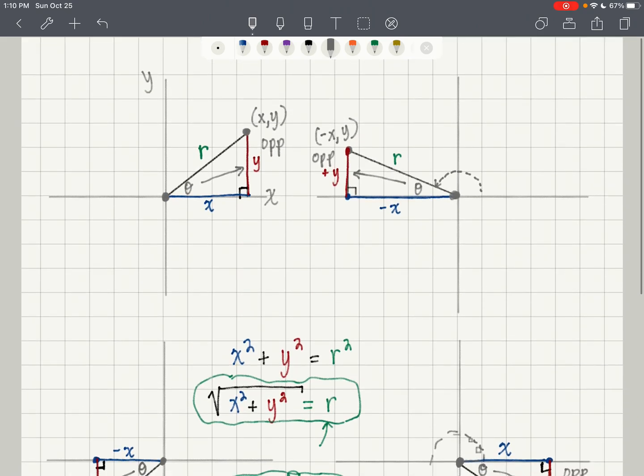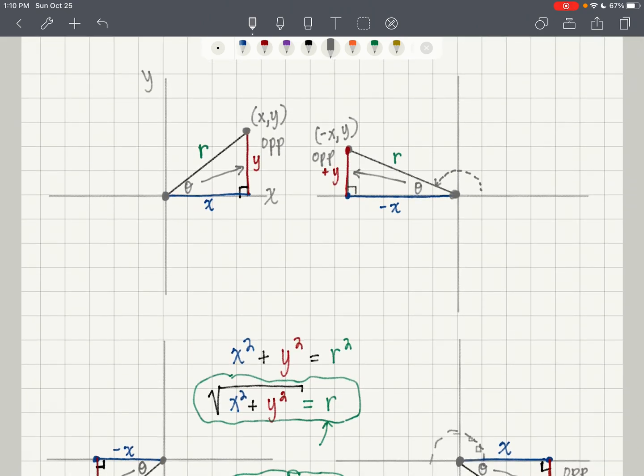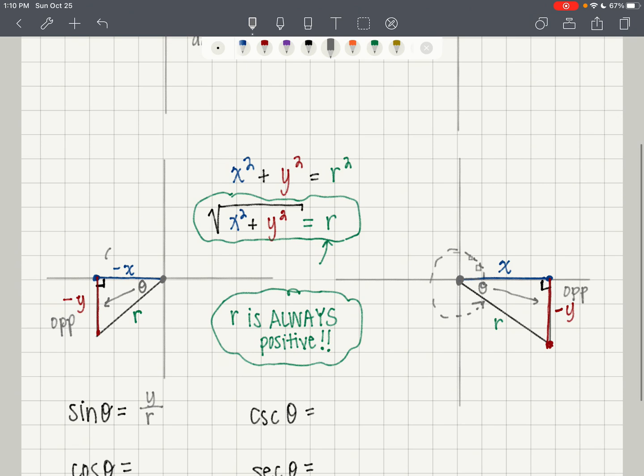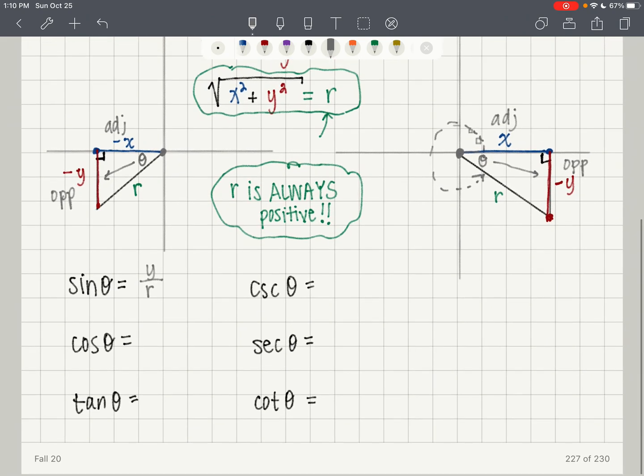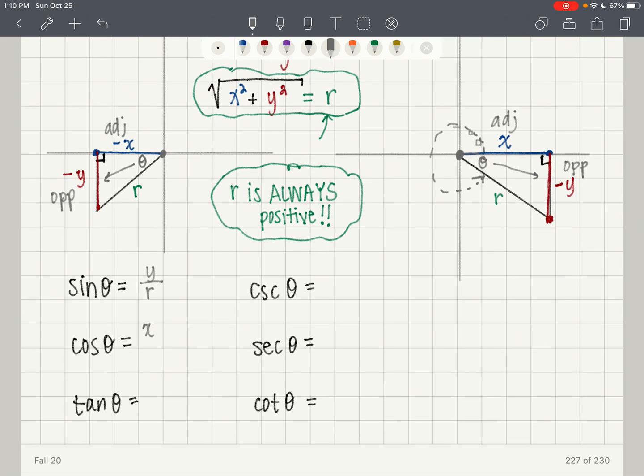So if y is the opposite side in each case, then x is going to be the adjacent leg. The adjacent side, adjacent. And you can see the adjacent leg is always x. So the cosine of theta will equal x over r.